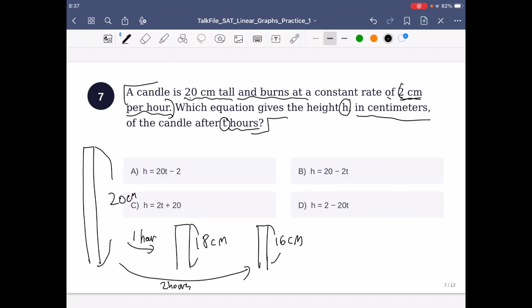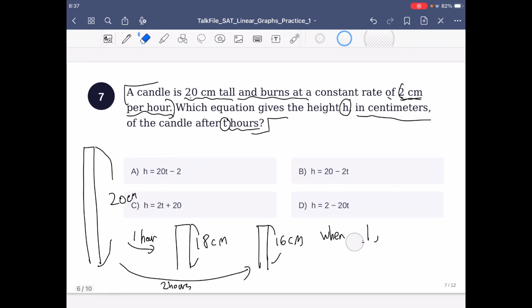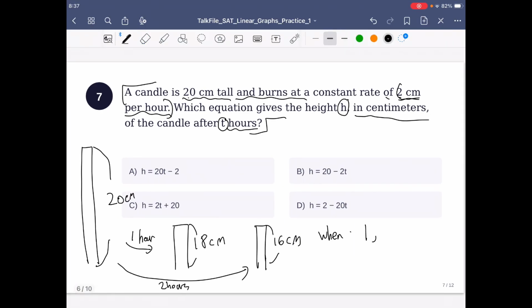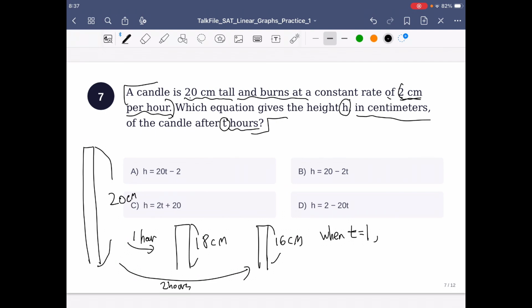So you can just use this: when t is the time, when t equals 1, the height h equals 18, and when t equals 2, h equals 16.